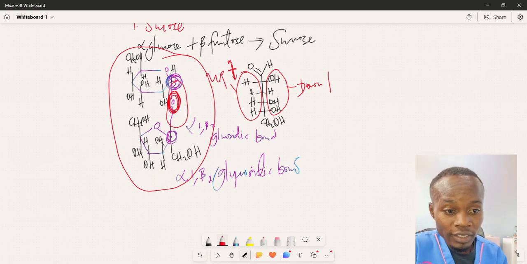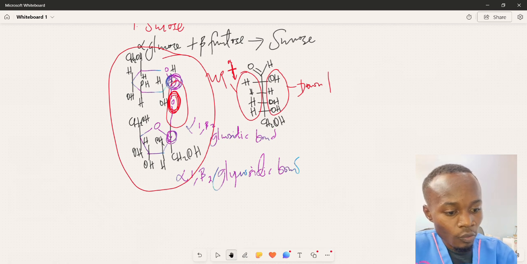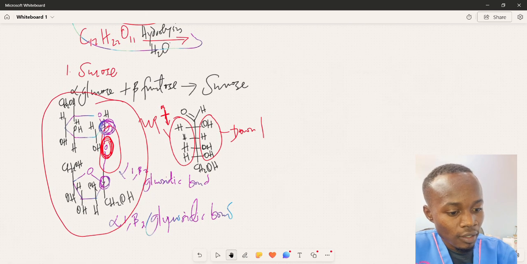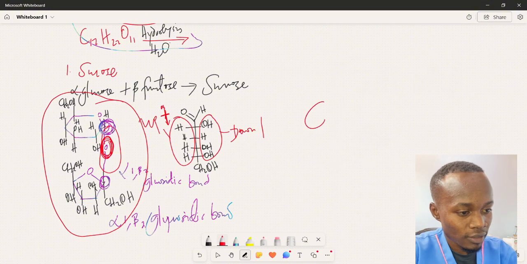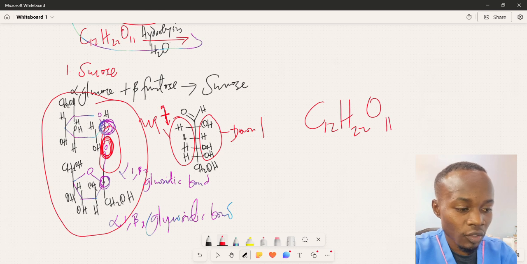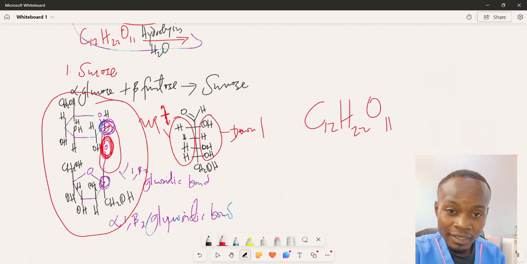When the water molecule is taken out, that is what happens, and that's how we had this formula, C12H22O11, because we are now lacking water in it.